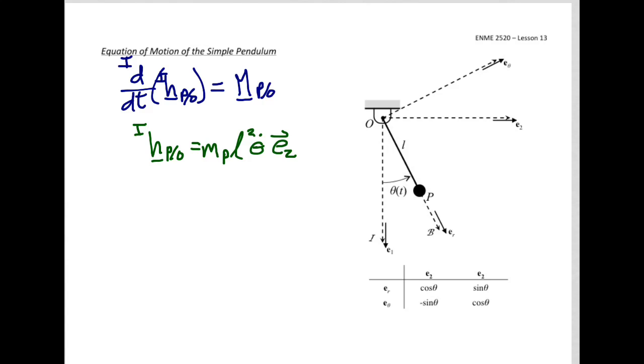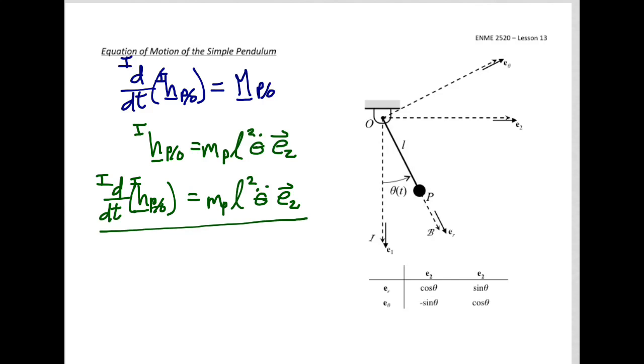And so to finish out the left-hand side, we need to take the time derivative of this quantity, P with respect to O, as observed in the inertial reference frame. When we take the time derivative of this, we simply get our constant mass, our constant length squared, and then when we take the time derivative of theta dot, we get theta double dot, in the EZ direction.